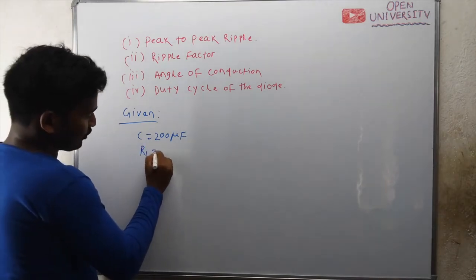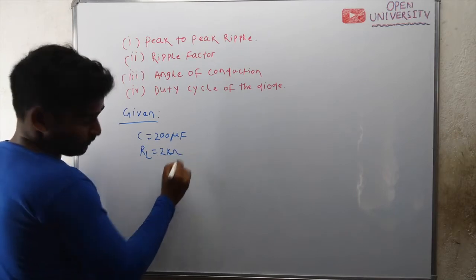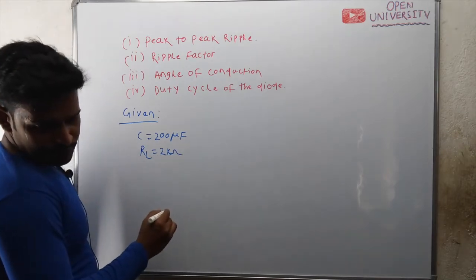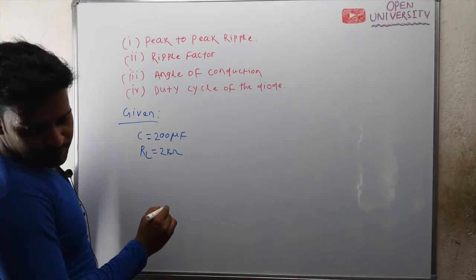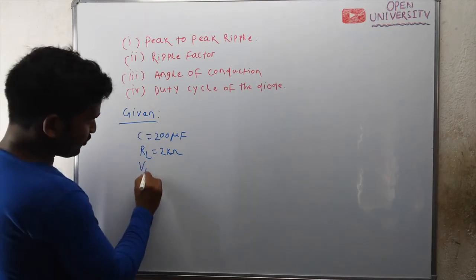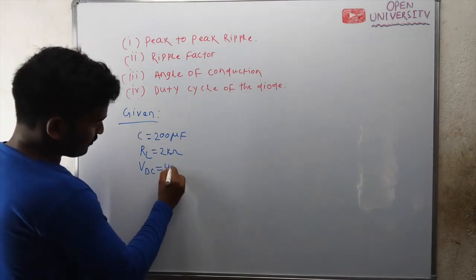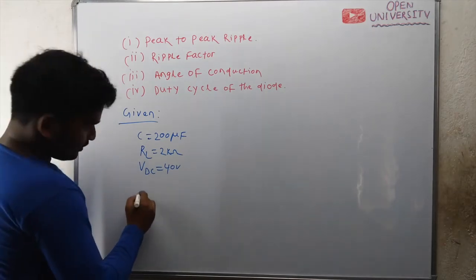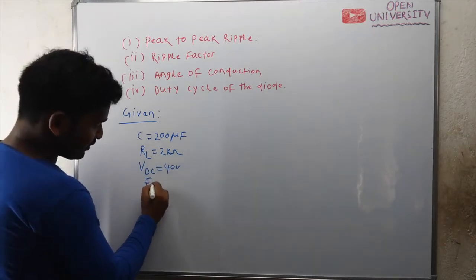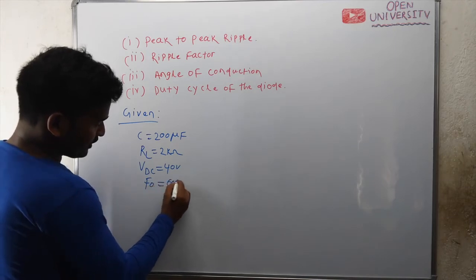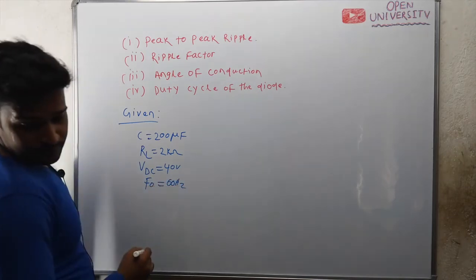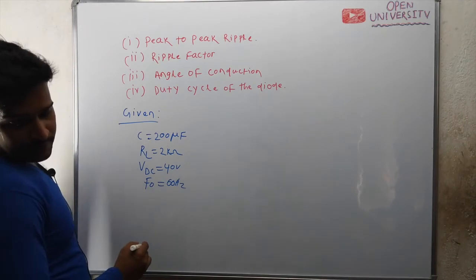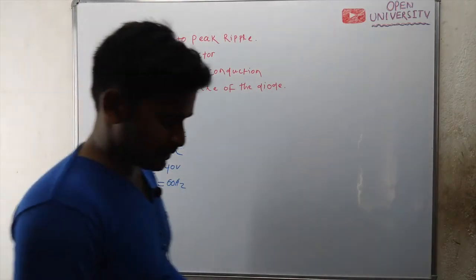RL is 2 kilo ohm, and average output voltage is 40 volt, that is VDC is 40 volt, and line frequency is 60 hertz. Line frequency is nothing but input frequency, 60 hertz. Calculate peak to peak ripple voltage.